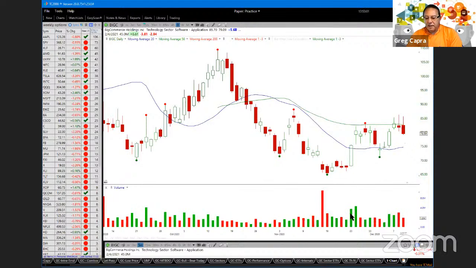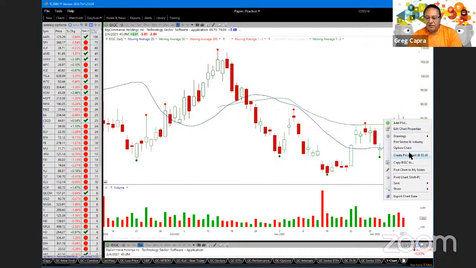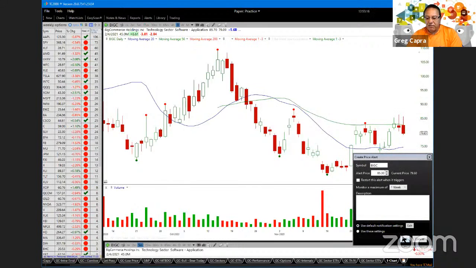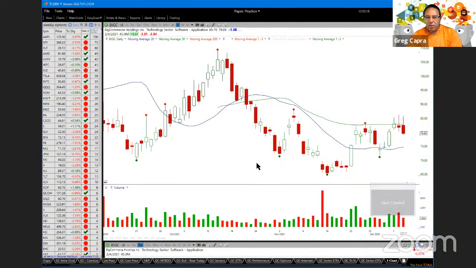Wide range bar, there's your volume, hits resistance. So it's kind of a shakeout. So what I'll do, I'm not even interested in it right now. However, I'm going to set an alert at the top of that red bar, because if that red bar is ignored tomorrow, I'll want to buy it, because now this would be a bullish consolidation. But right now, I'm not so sure what it's going to do.